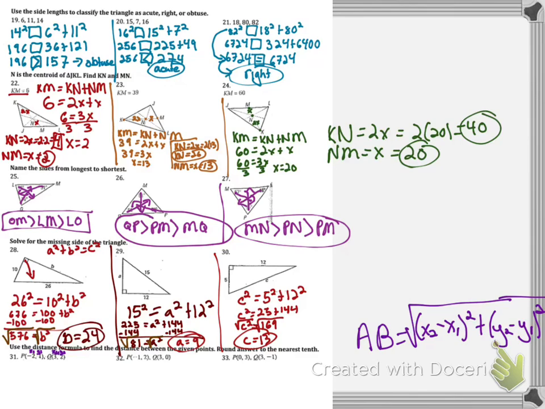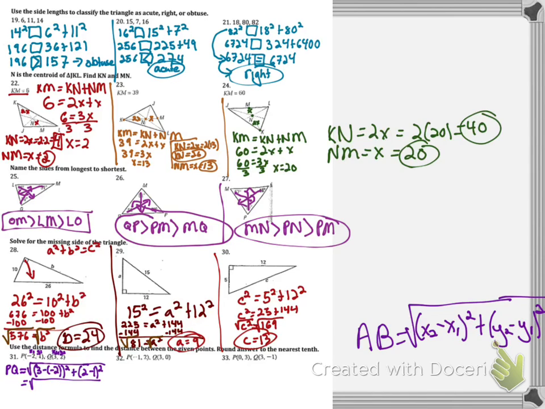Okay, now that we have that, we have the distance from P to Q equals the square root of, so x2 is 3 minus negative 2 quantity squared plus 2 minus 1 squared. Inside here we have 3 minus negative 2, which turns that into a plus.